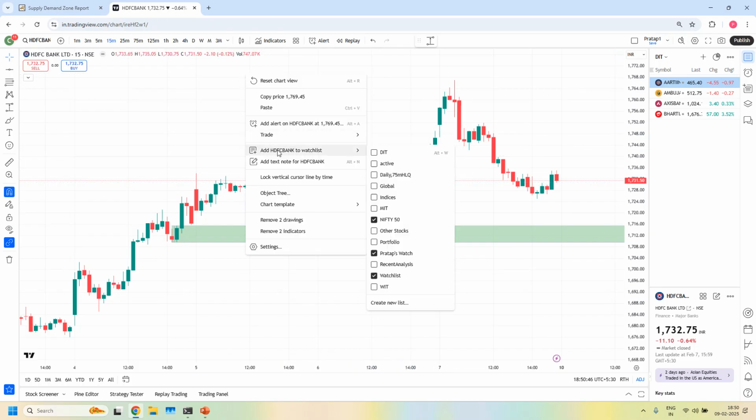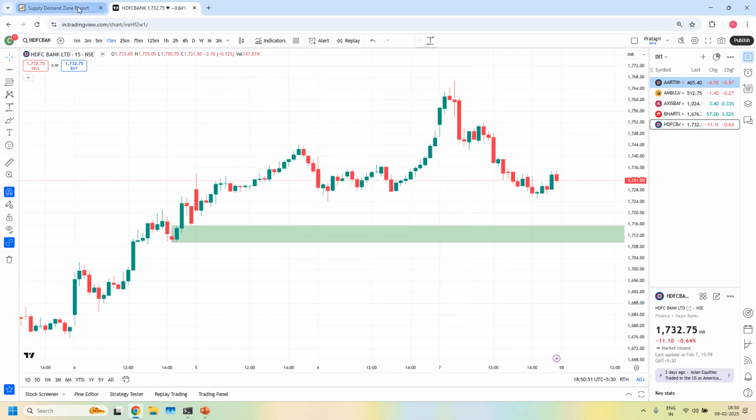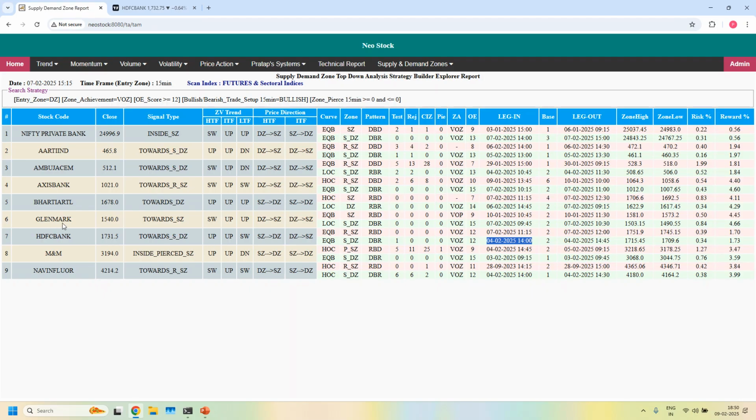And let me add into the checklist, watch list, HDFC Bank. Next one is M&M.